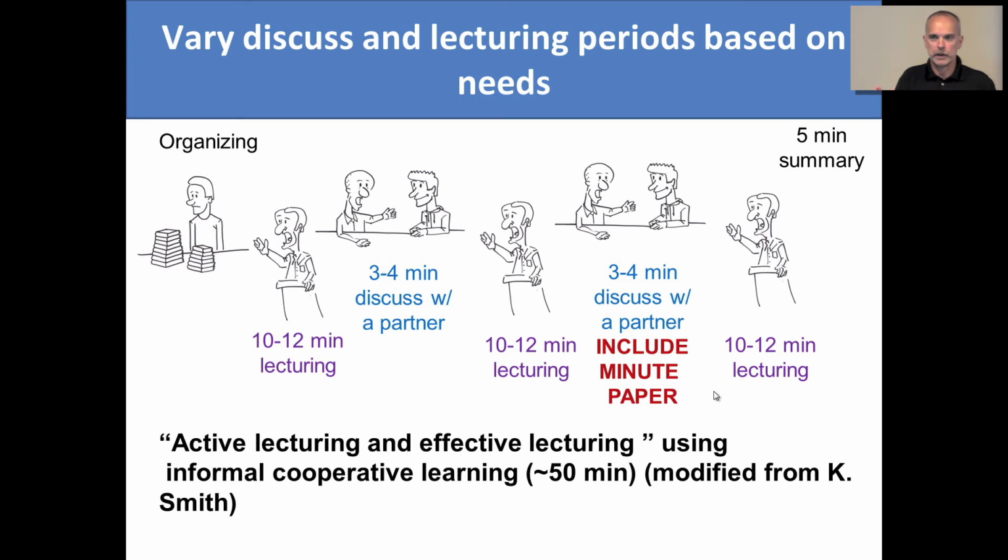This is a 50-minute class period. So you might have some organization. This would require developing good interpretive questions that you're going to ask your students to respond to in these informal groups. You might do some quick lecturing. You might pose an interpretive question for students to turn to their neighbor to discuss. You might have more lecturing, reporting out of what their responses are.